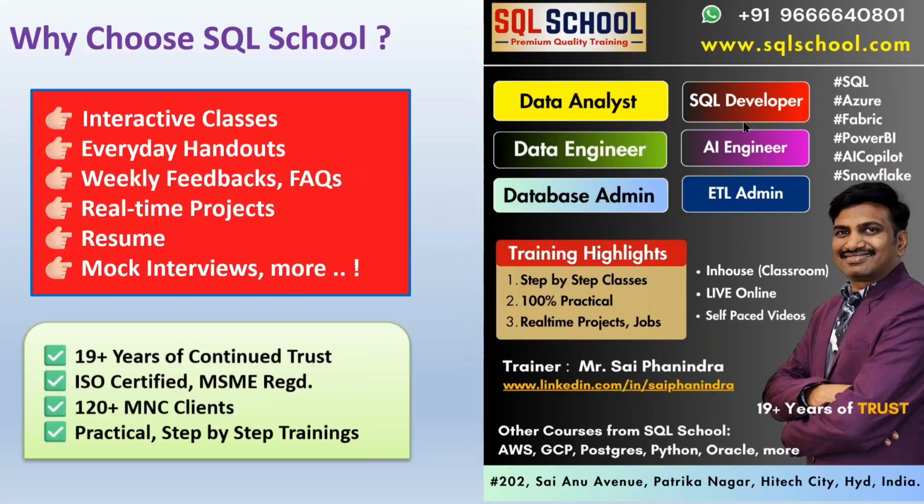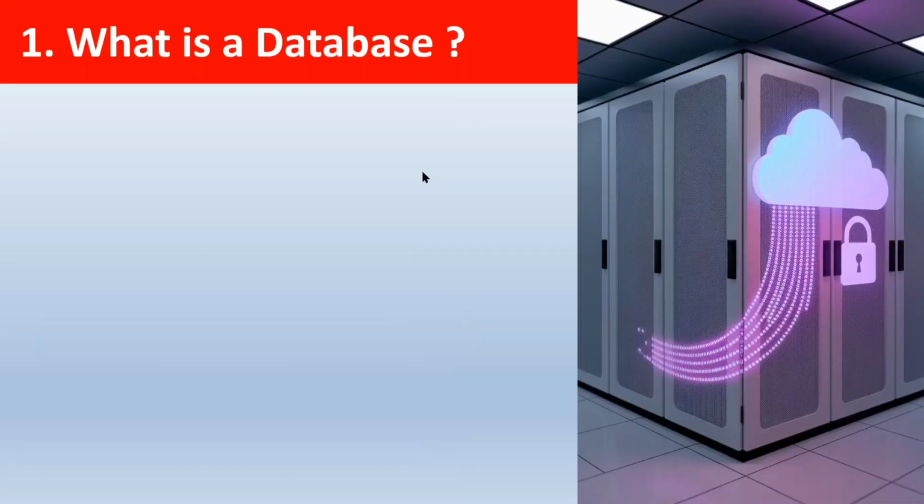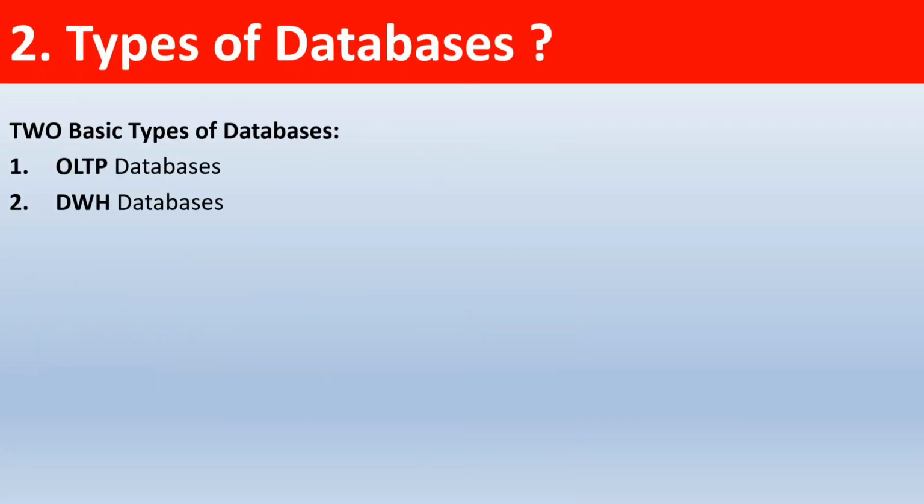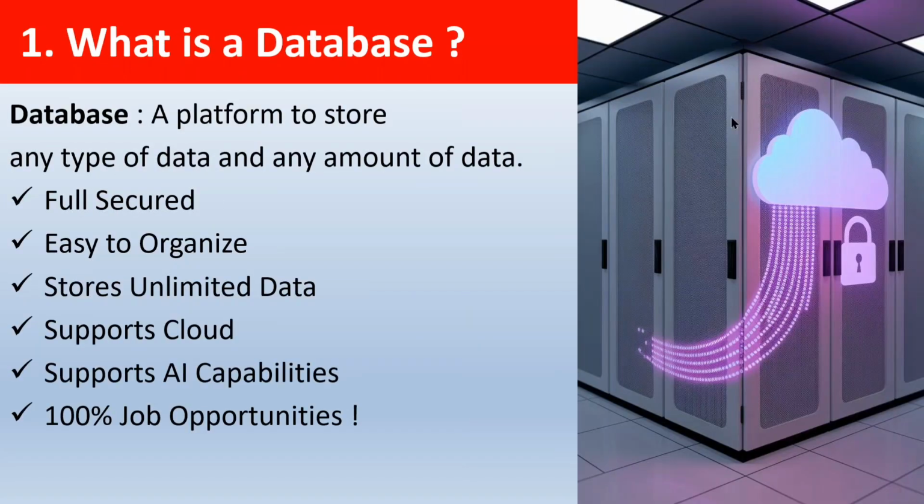Before that, let me recap once again what we learned today, just to get some idea. Before we step into installation tomorrow, let's understand the technical terms once again that we learned today. First, we slowly started with what is database. A platform to store any type of data, any amount of data, fully secured.